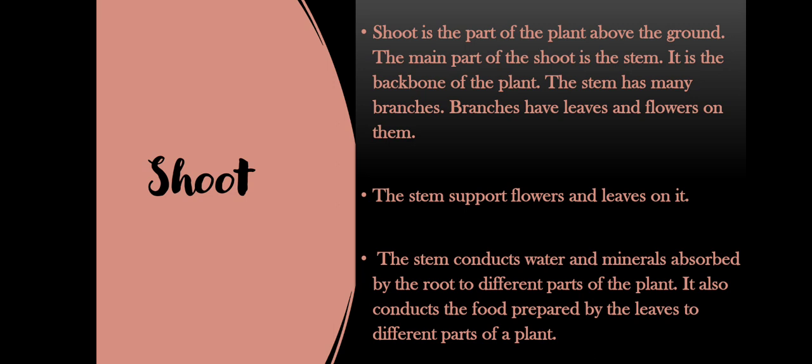Whatever food is made by the leaf is taken by the stem to the different parts of the plant. So stem plays the most important role in making food and taking the food to the different parts of the plant. That's why stem is called the backbone of the plant.